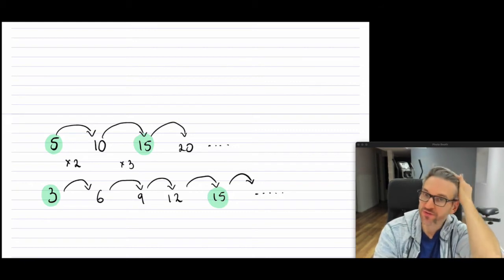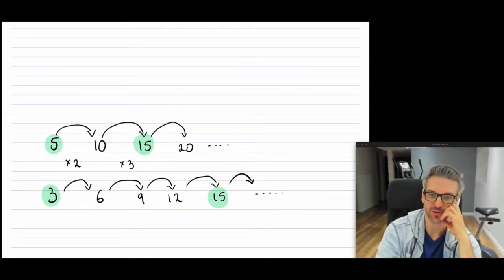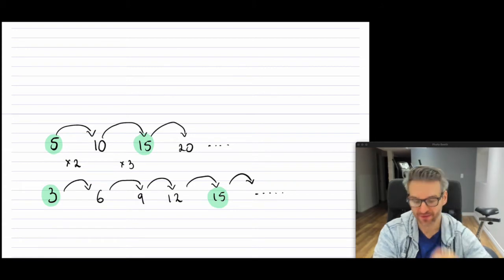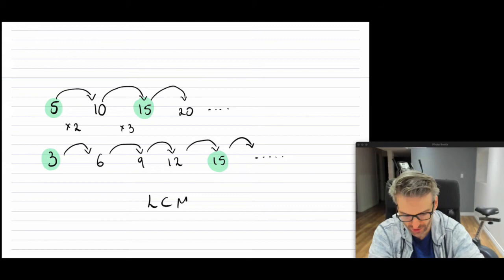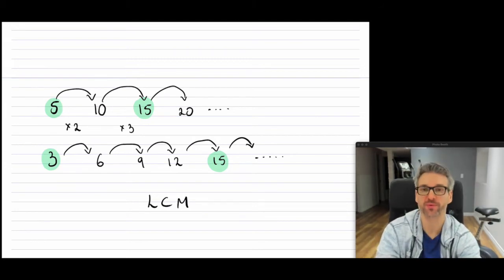So that 15 is your lowest, the smallest, the first multiple that both of these numbers go into. That's what we refer to as the lowest common multiple, or the smallest common multiple. And if you're talking about denominators, that would be your smallest, or lowest, common denominator. So it is basically the first one. Now, it's not the only one, right?